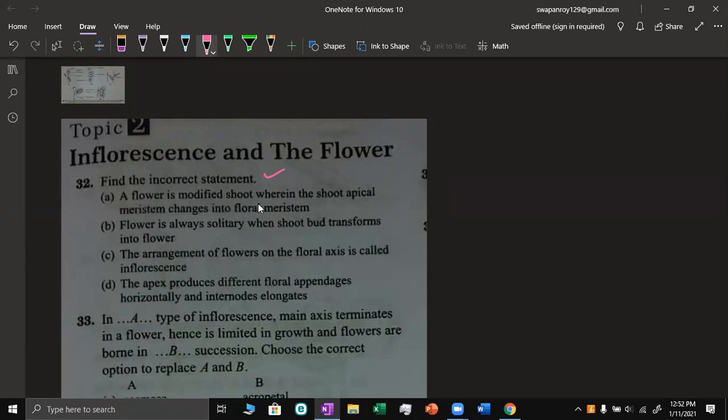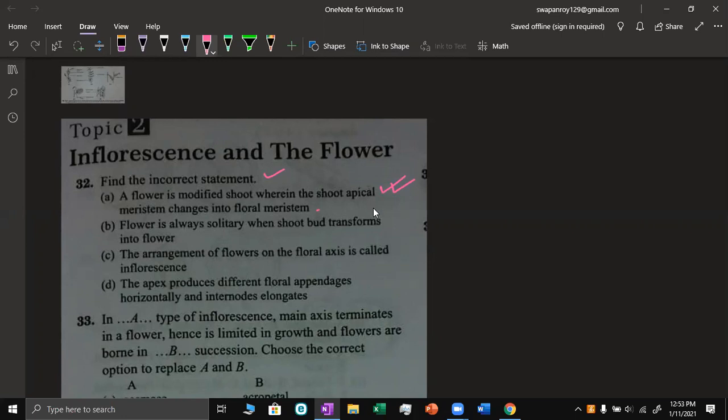A: A flower is a modified shoot wherein the shoot apical meristem changes into floral meristem. This one is correct, because a flower is a modified shoot where the stem or branch is very much reduced, and the sepals, petals, androecium, gynoecium are modifications of leaves only.